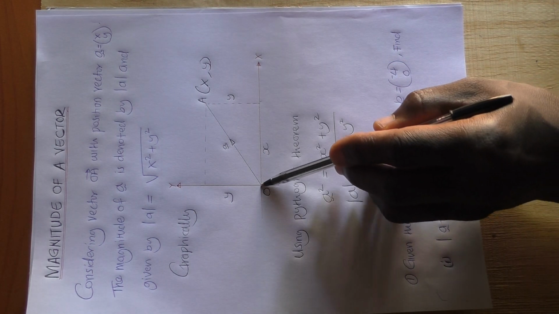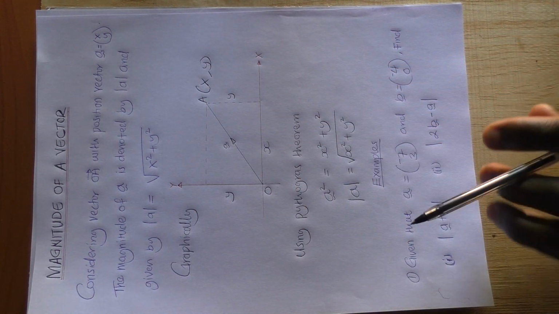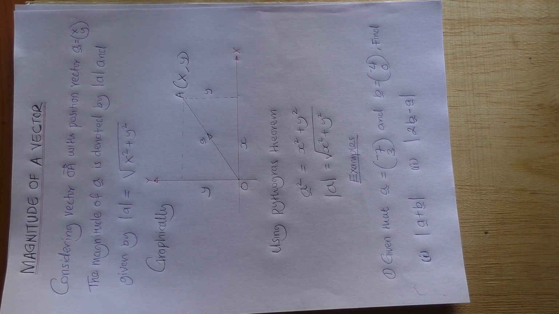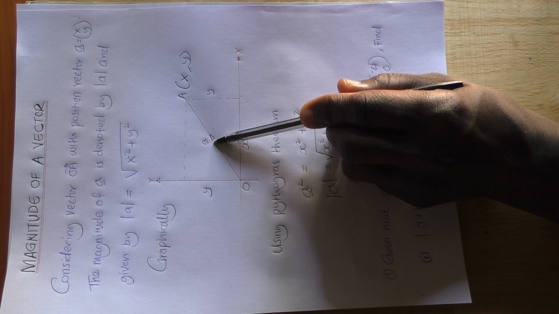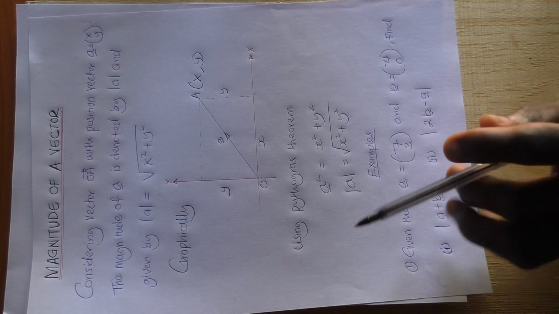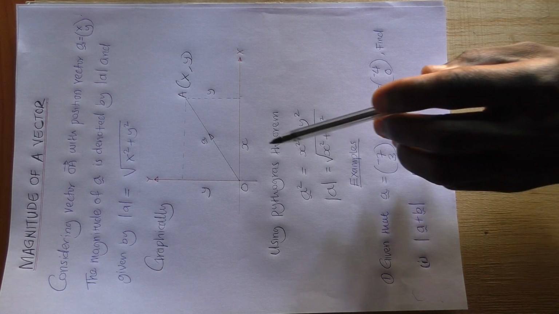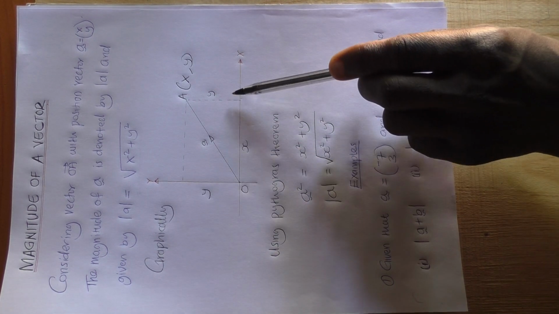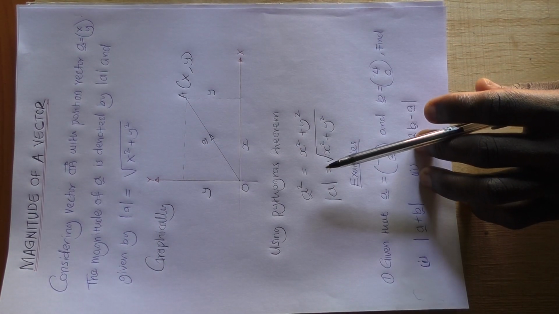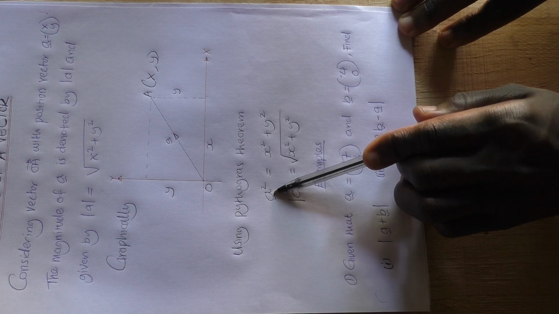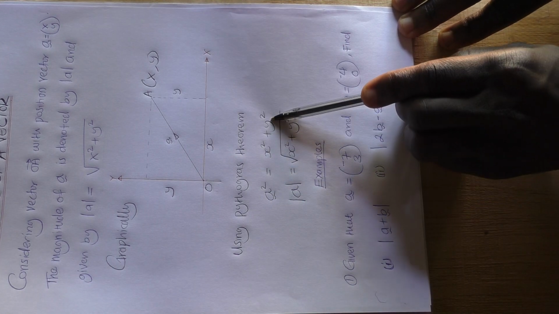Therefore, if we want to get the length of vector A, then we shall use the Pythagoras theorem, whereby the hypotenuse, which is the length we want, the square of the hypotenuse OA equals the square of the horizontal displacement plus the square of the vertical displacement, hence giving us OA squared as x squared plus y squared.